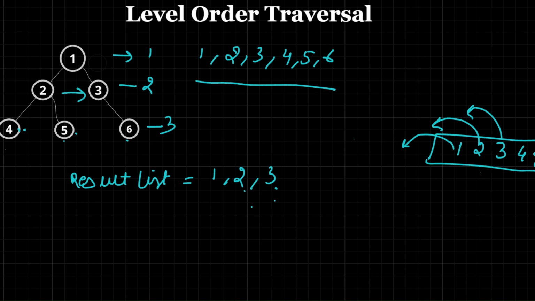Similarly, 1 then 2 and 3, the first element we placed is 2, right? While inserting, we are placing at the back and removing from the front. So this is the property of a queue. Hence we will be using the queue data structure here.